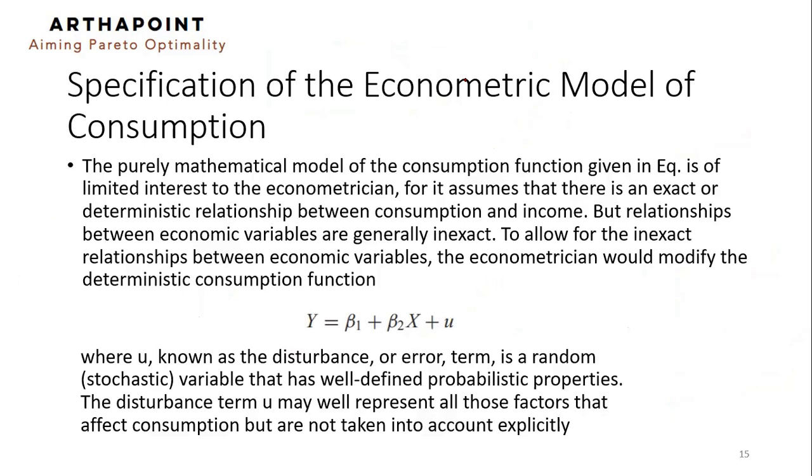Once you have given this model, I just want to highlight something here before we go ahead, that a lot of times the relationship between your dependent and independent variable is not complete. There is some disturbance term. We will see that, right? So, for example, let's say I just wrote consumption as a function of income.